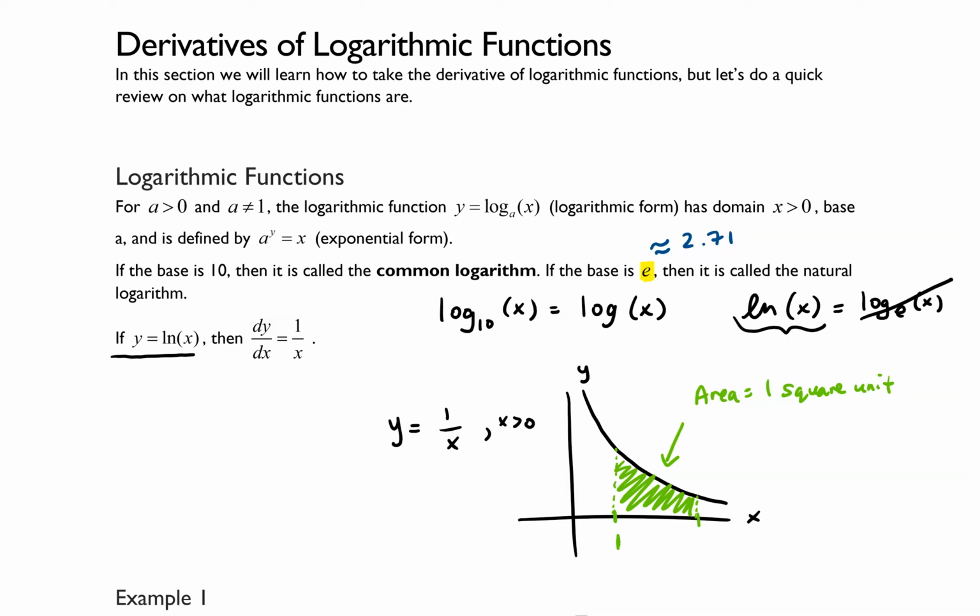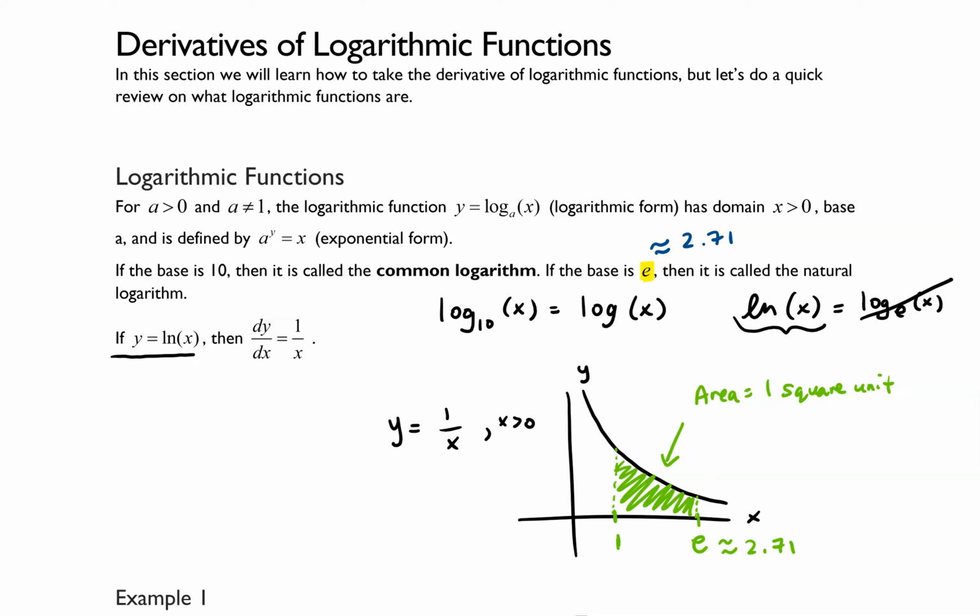The number that satisfies it so that the area of that green shaded region is 1 is the number e, and again, it's approximately 2.71. So that is some background on the number e for you.